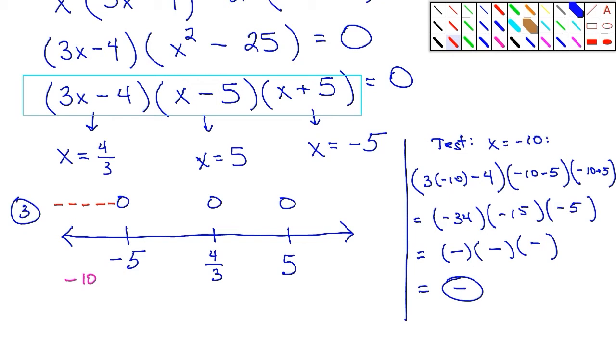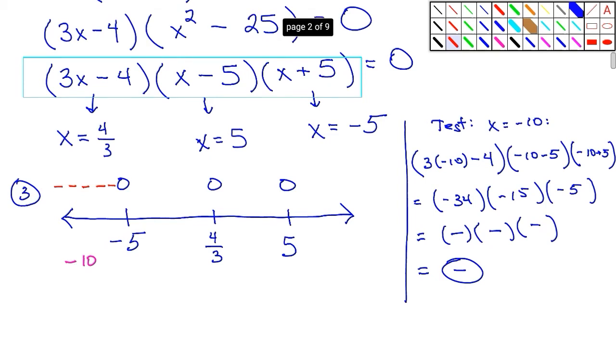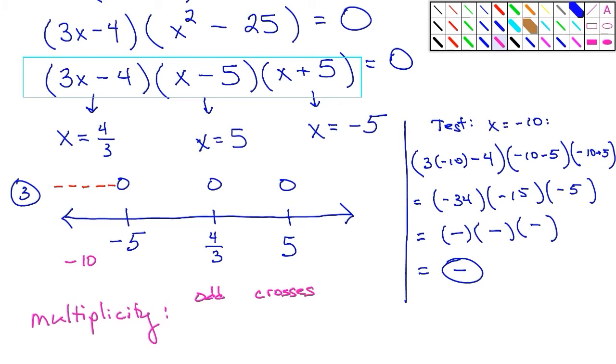Now, another way that you can complete the sign chart after producing one of the signs is based on the multiplicity. So recall that if the multiplicity is odd at a 0, then that crosses the x-axis. And if it is even, then it just touches but stays on the same side of that axis.